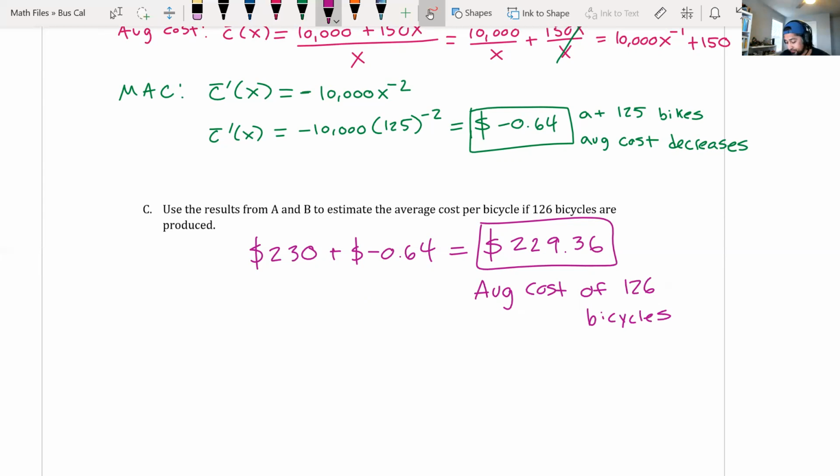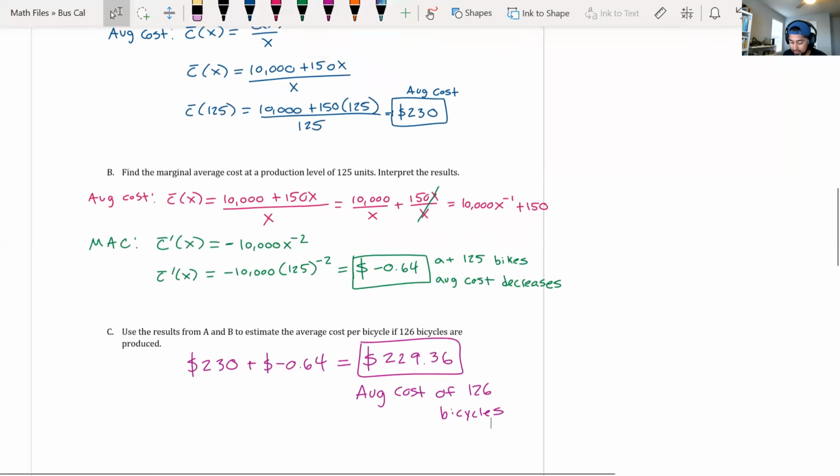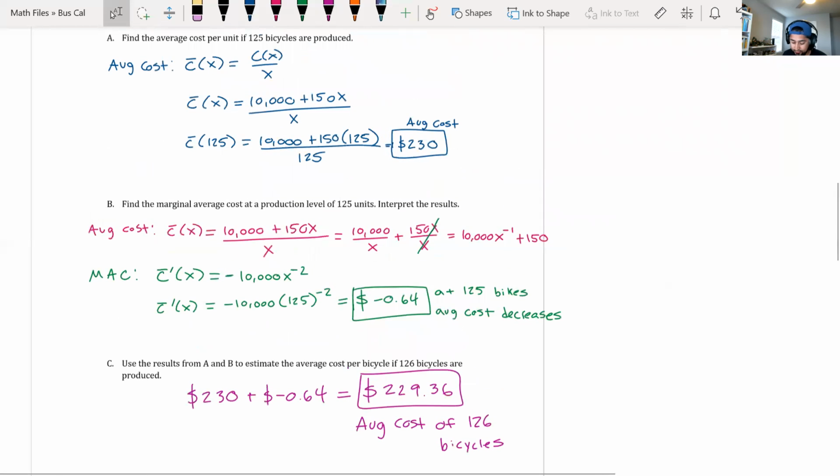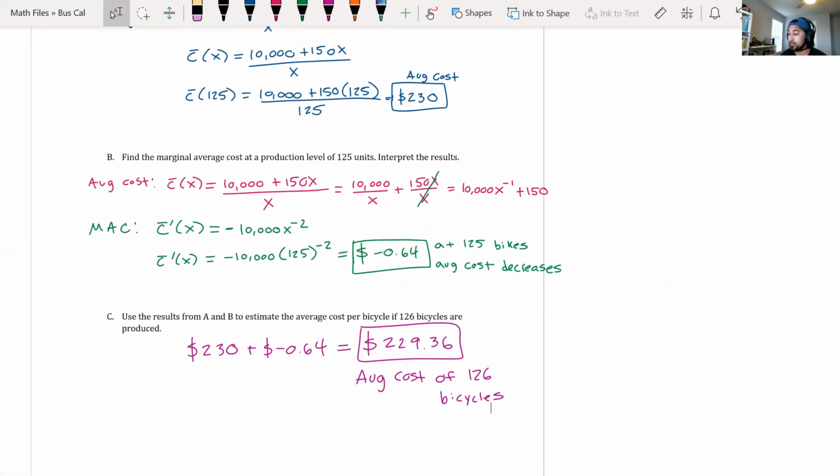Okay, cool. Any questions on that page? Okay, cool. So that's average cost and marginal average cost.